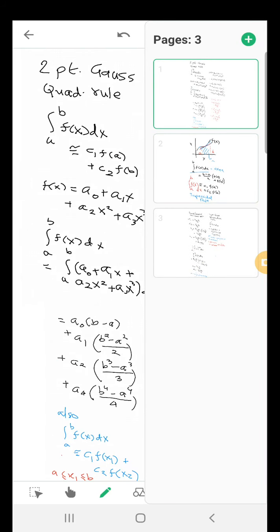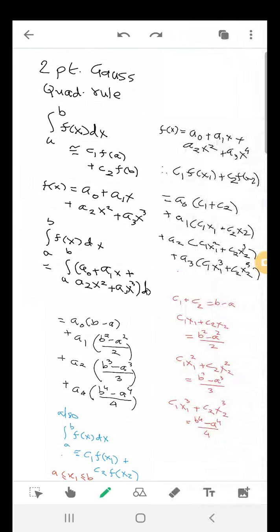We have already discussed the one-point Gauss quadrature rule in our first class. Now there is a two-point Gauss quadrature rule also that we would like to discuss here. This is the trapezoidal rule that we recently discussed.